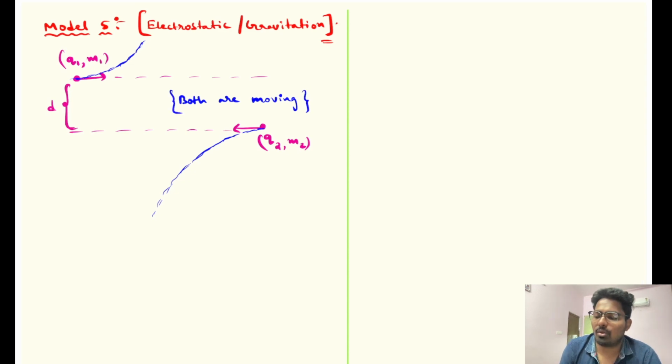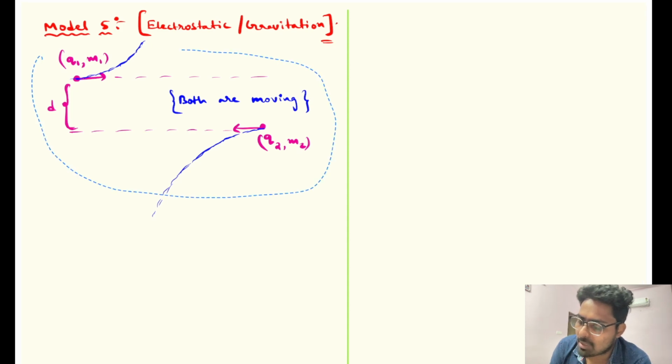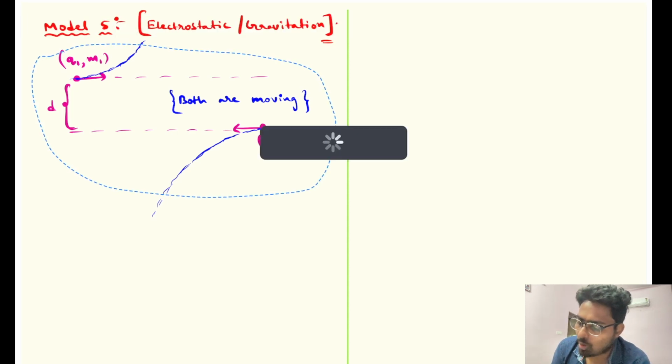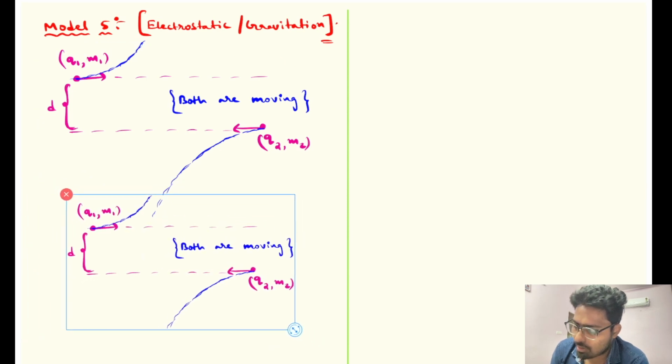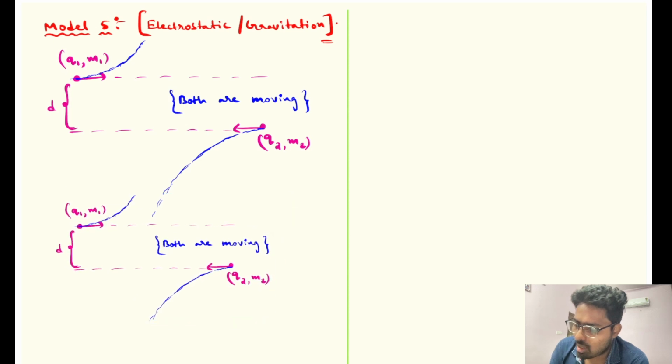Now what I will be doing is I'll simply go and stand on top of another charge. Let us see how the system changes when I go and stand on top of one particle.